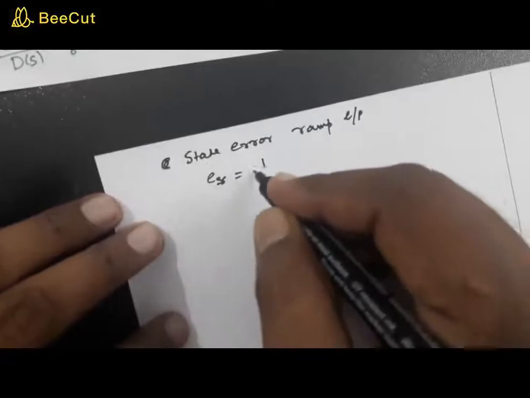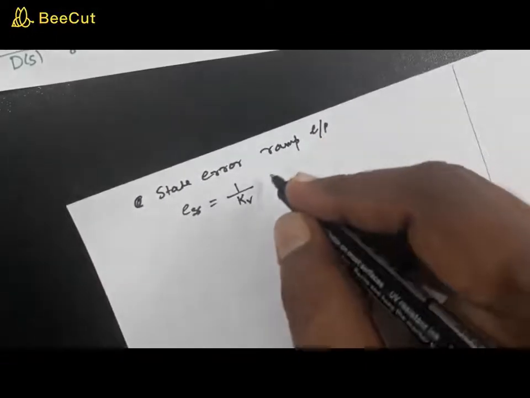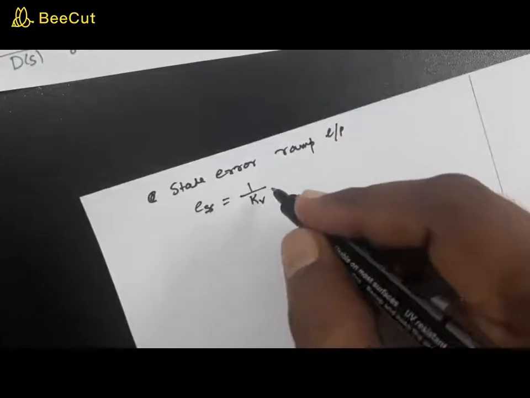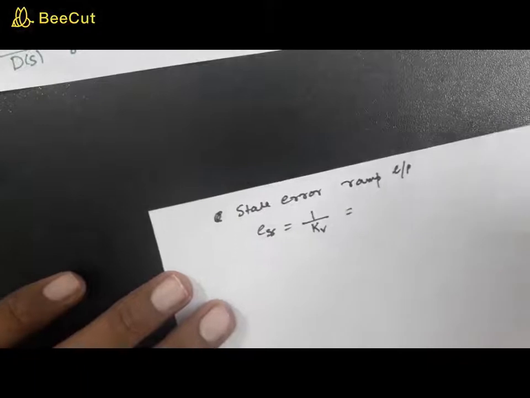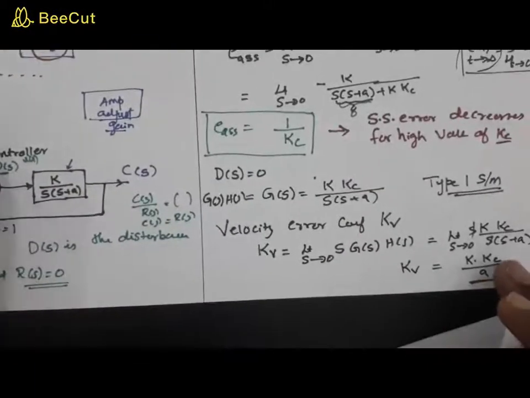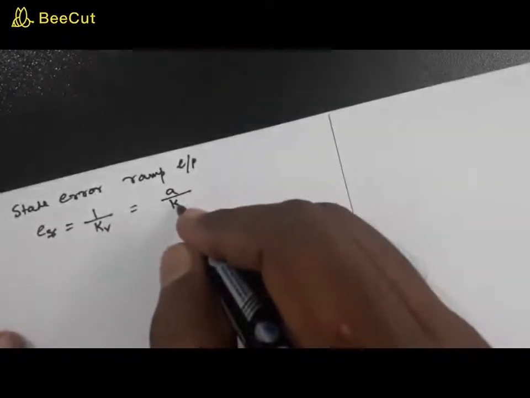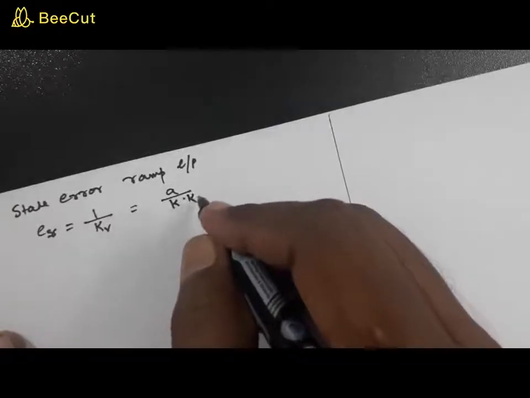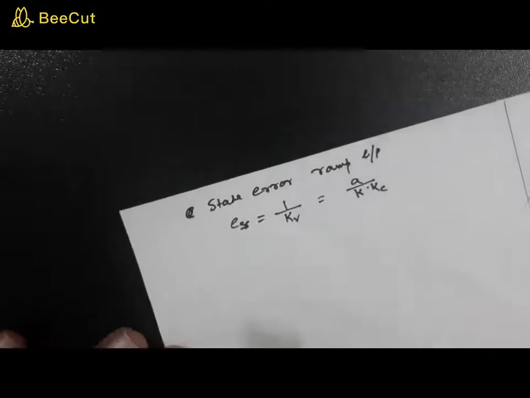This we have already derived, and it is very important, you must learn it. Since we have derived kv to be k into kc by a, your steady state error will be a by k into kc.